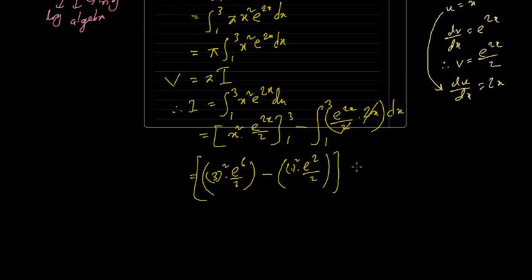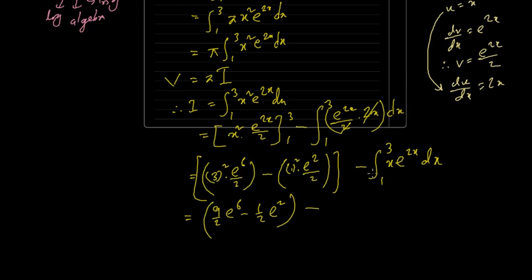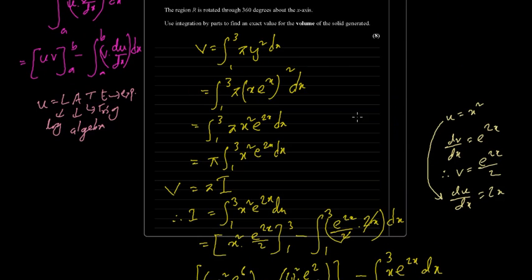Now minus this is another integration: the integration of 1 to 3 of e to the power 2x, and x comes here. So this is another integral, and you know this is a very common integration by parts. If we simplify this, 3 squared is 9, so 9 by 2 e to the power 6, minus 1 squared is 1 by 2 e squared, minus, let us consider this to be another integral I2. Get back and consider this to be I1 then.